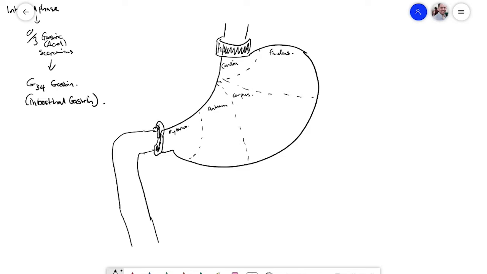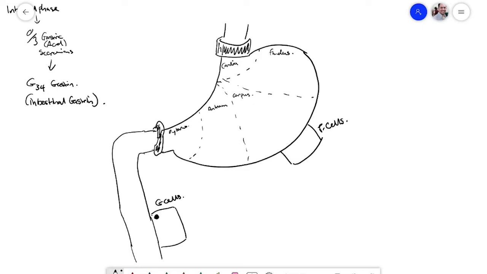And then we've got some cells that we can start to talk about. So in the corpus, we've got the cells that we were discussing the other day. These are the parietal cells. Okay, and in the duodenum, because don't forget we're talking about gastrin secretion, we've got G cells.